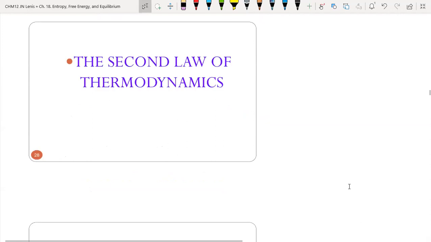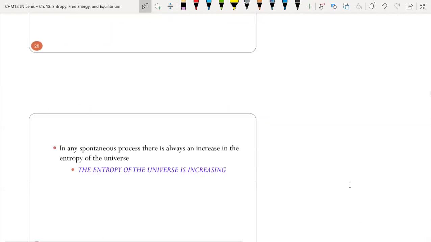So the second law of thermodynamics, as a summary, says that the entropy of the universe is increasing. That's what we talk about. One of the theories is the expansion of the universe, proved by the red shift, the Doppler effect.